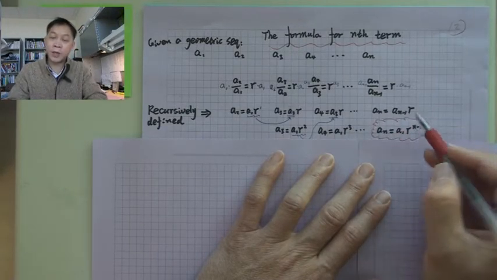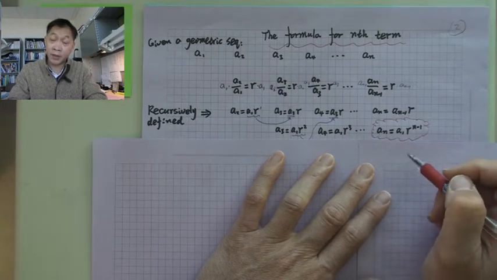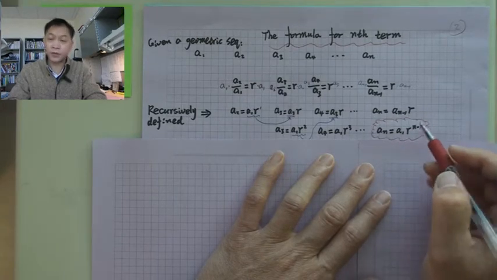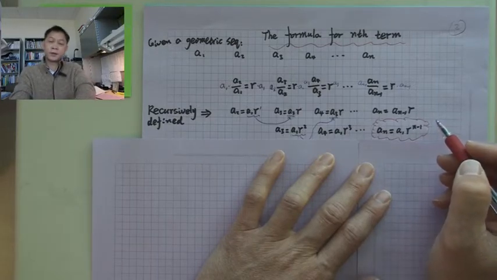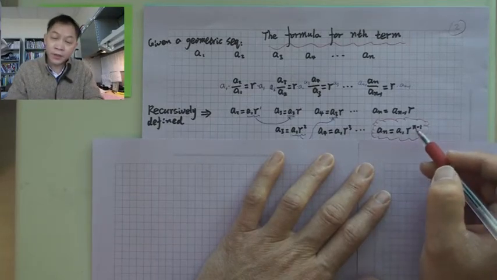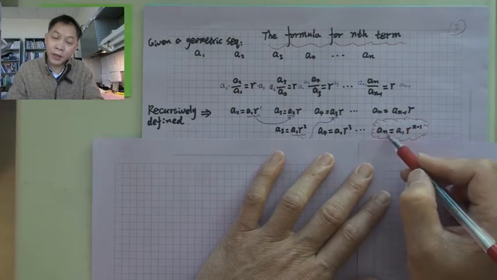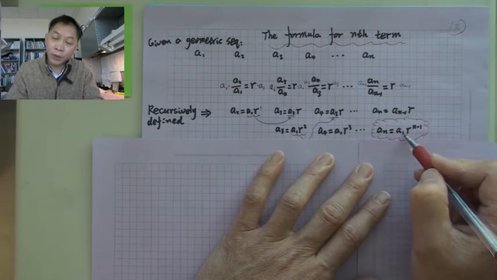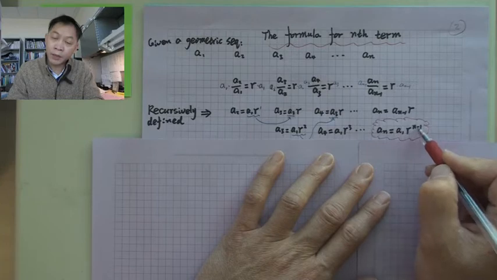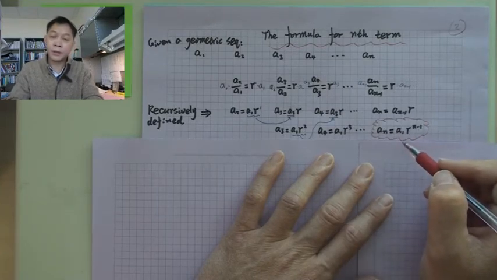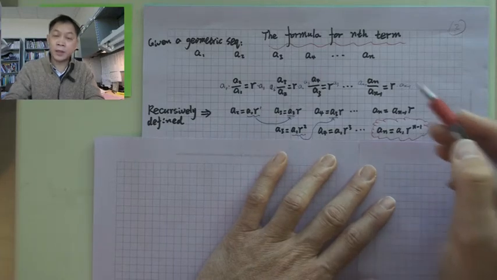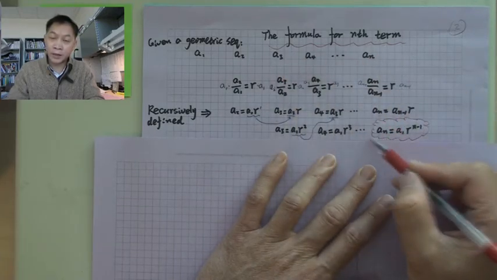Comparing this one with the arithmetic, that's different. Now this is the formula we want to remember: A sub n equals A1 times R to the n minus 1. We are going to apply this one.